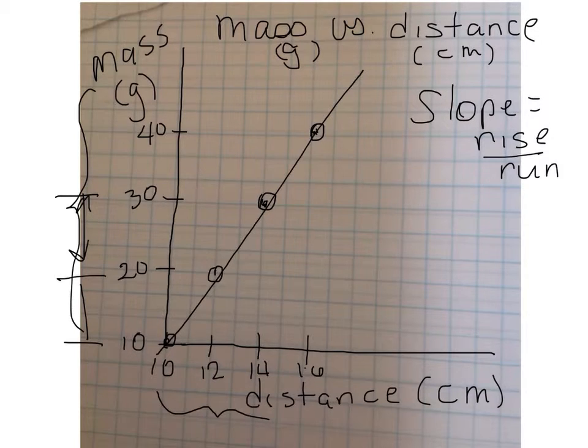So, I am going to pick, this looks like an easy point. And this looks pretty easy. Okay, so here, and I didn't quite get it, but it's really at 40 and 16. It goes back to the graph being funky looking. So we have these points.